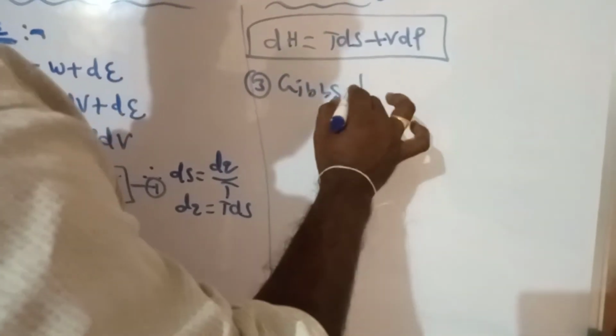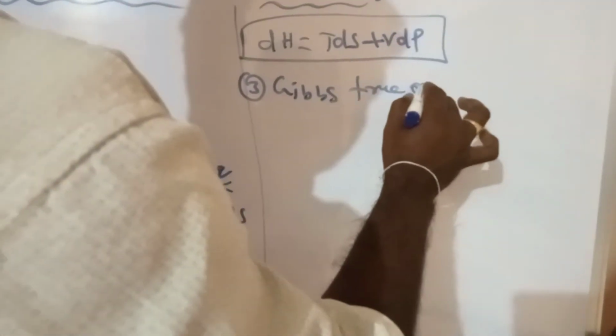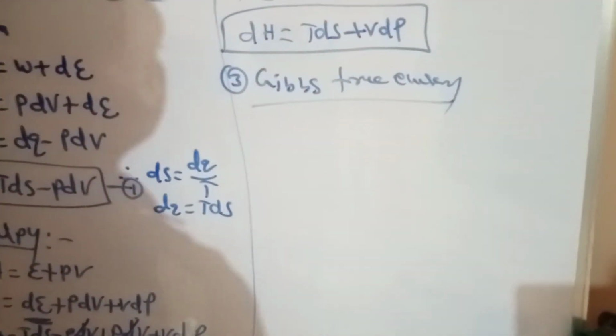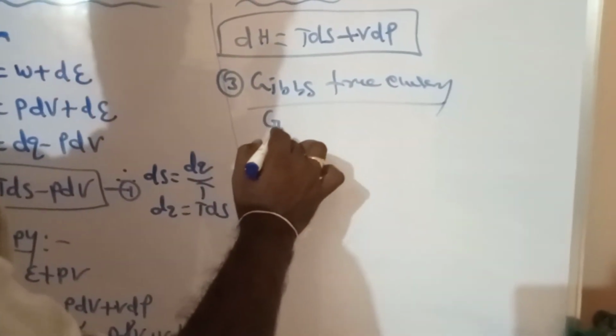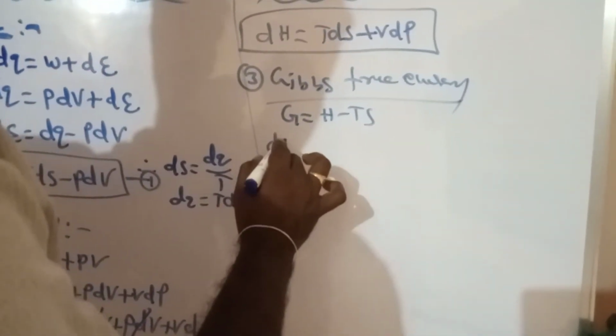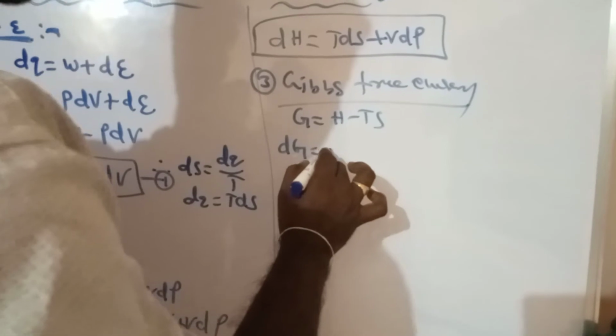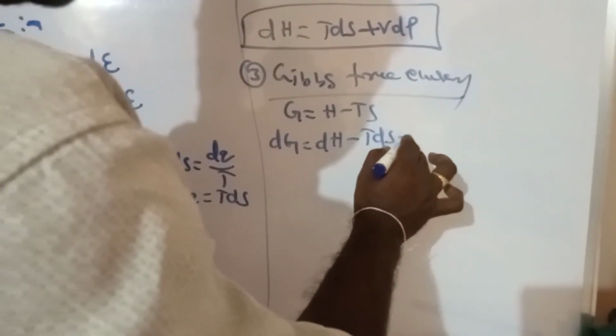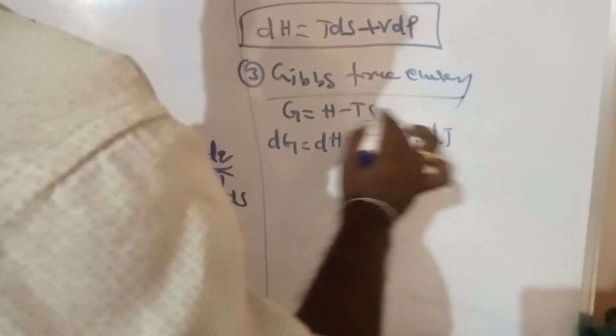And the third one is the Gibbs free energy. We know very well the Gibbs free energy basic equation: G is equal to H minus TS. Then differentiating both sides, dG is equal to dH minus TdS minus SdT.